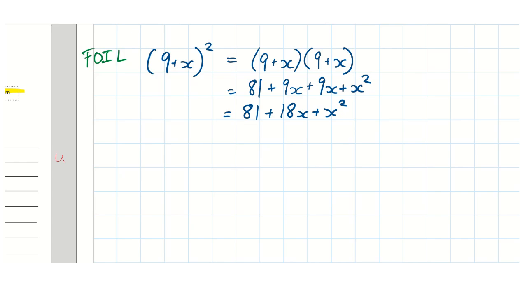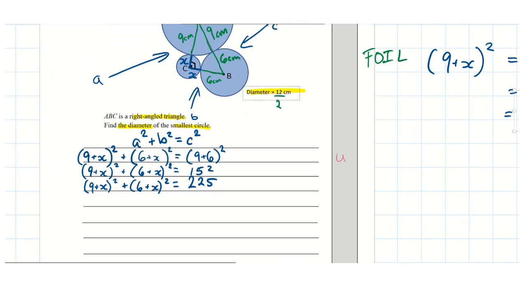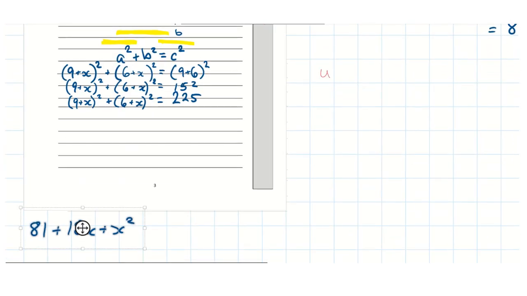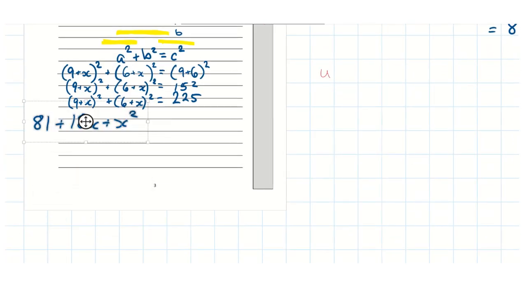So this information right here, I am going to grab. Let's see if I can grab all that. Did I grab all? No, I'm missing a squared. And then I am going to copy this and paste it back over here, right underneath.